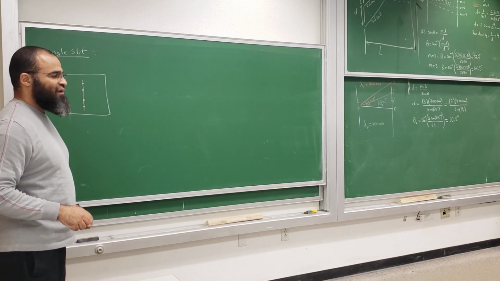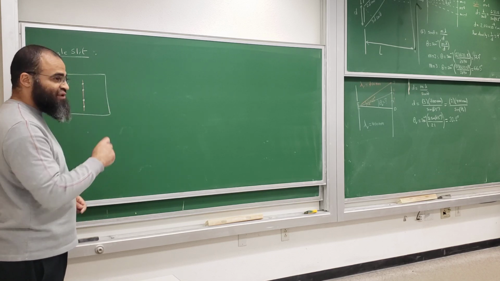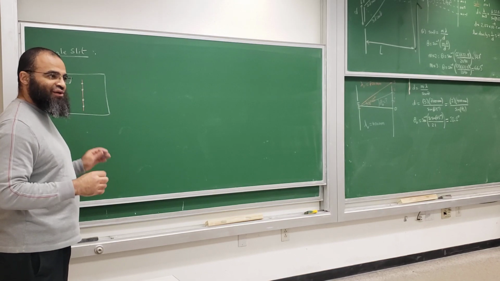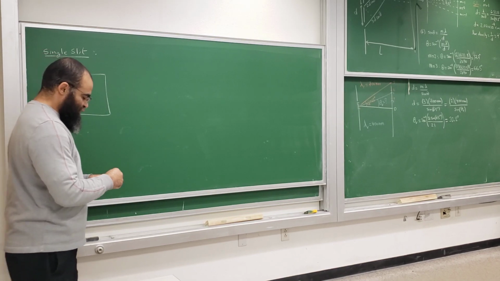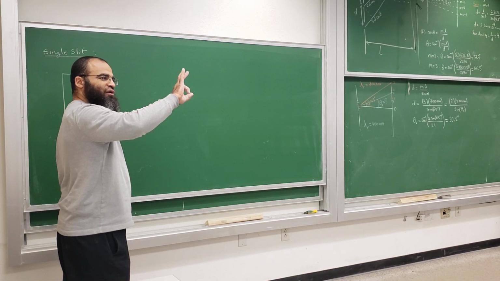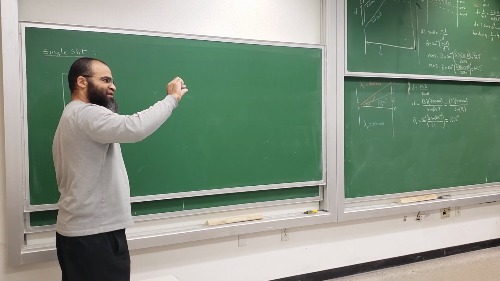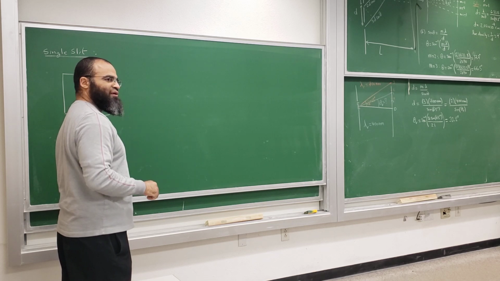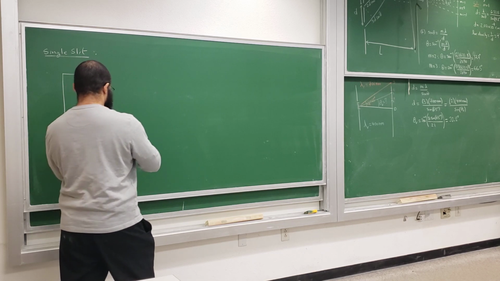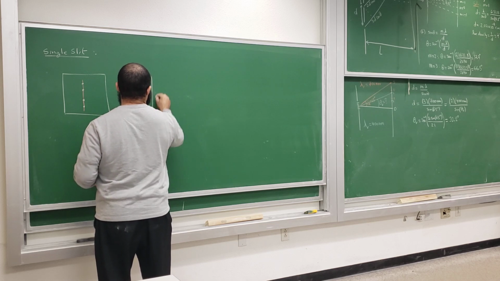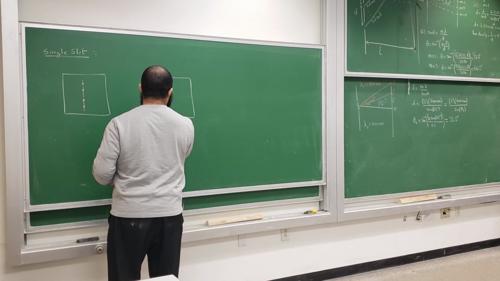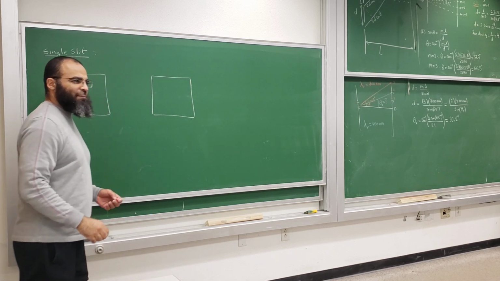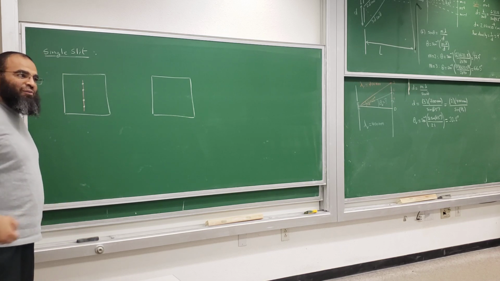I drew it this way because I can't draw in 3 dimensions. So now let's say I have a circle, a circular hole, instead of a slit, and the light goes through that hole. What do you think you would see? Rings. It would be circles.